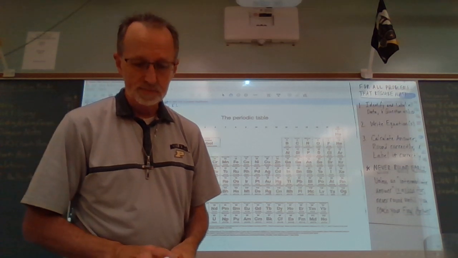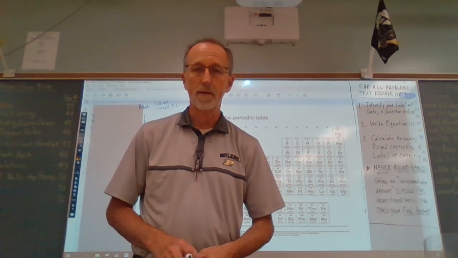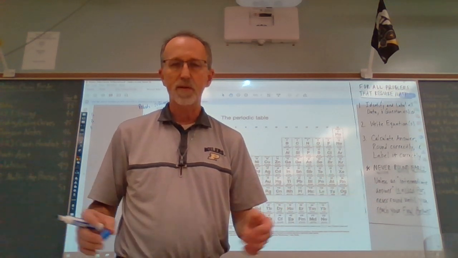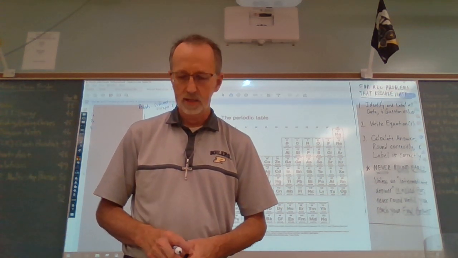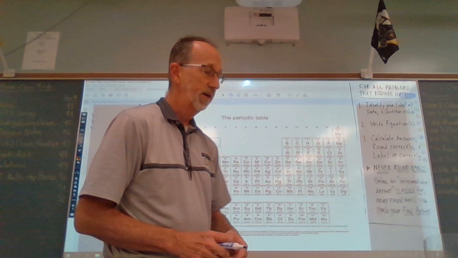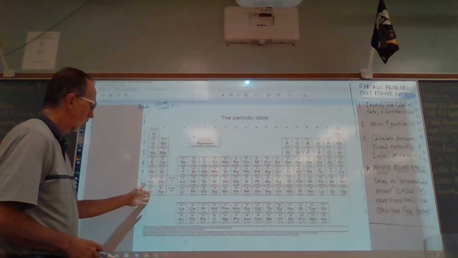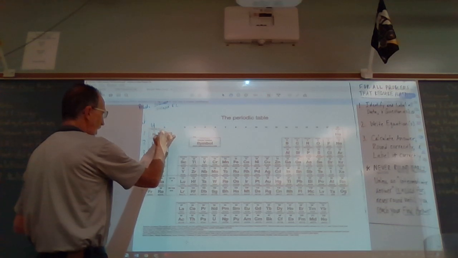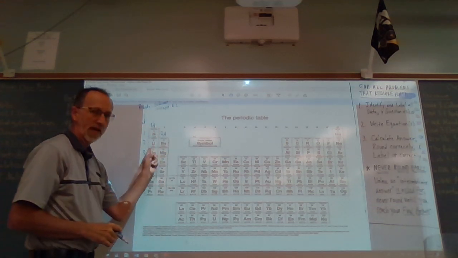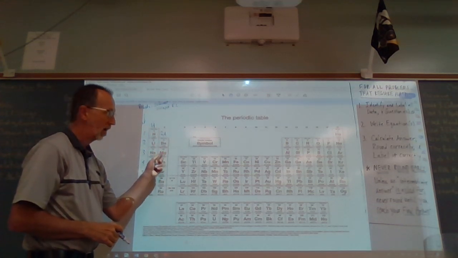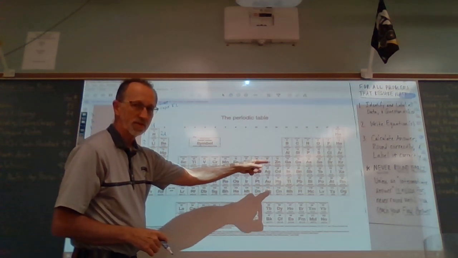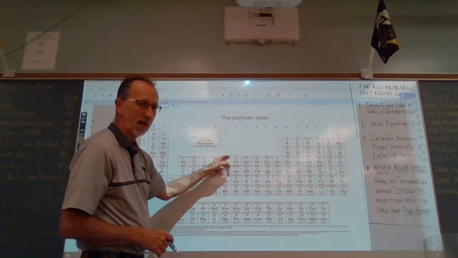The vertical columns are called groups or families. All right. So what do all elements in a group have in common in regard to electron configuration? Well, this is group 1A and 2A next to it, the S block, 1A and 2A. We're going to jump across the center, the transition metals, the center block, the D block.